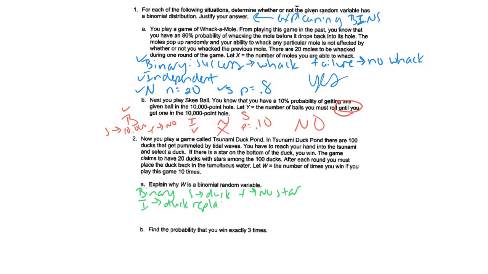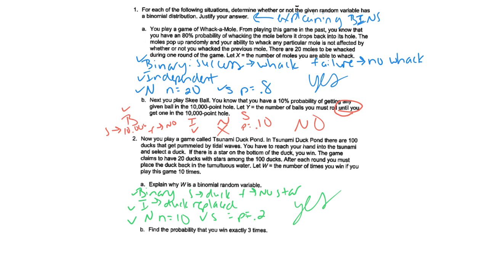If the duck wasn't replaced, then we'd have to check another condition that we'll get to later. But because each duck is replaced, each trial is independent. We do have a set number of trials at 10, and we have a set probability of success of p equals 0.2 of getting a duck that has a star. So that is a yes.